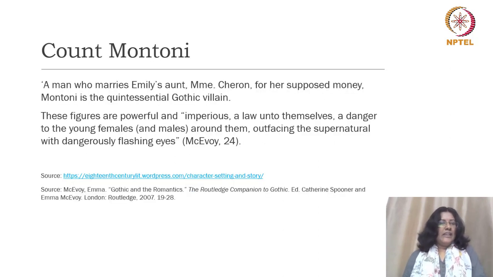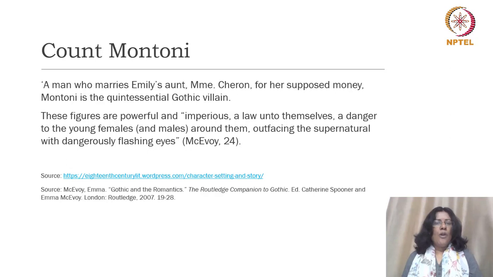Now let's quickly look at the villain of this piece, which is Count Montoni. He is the man who marries Emily's aunt, Madame Cheron, for her money, and Montoni is the quintessential Gothic villain. He is very powerful and imperious, and he is a law unto himself.